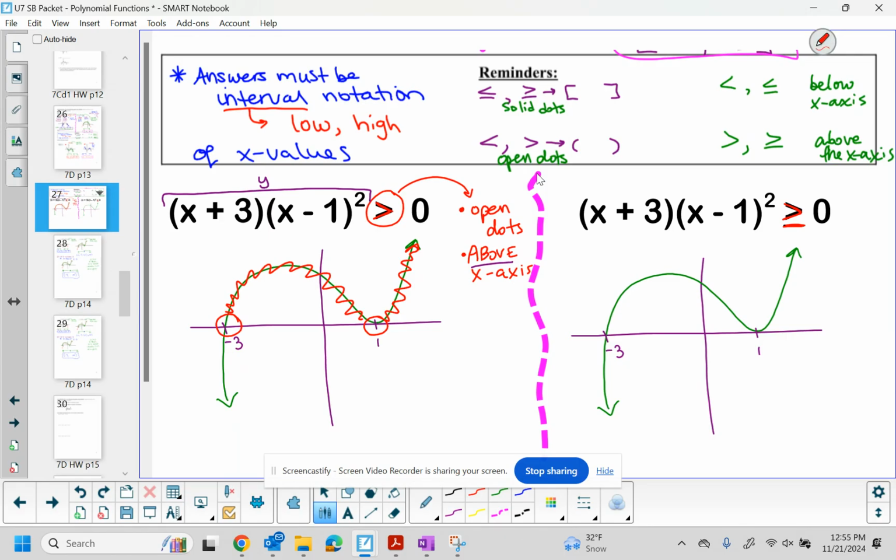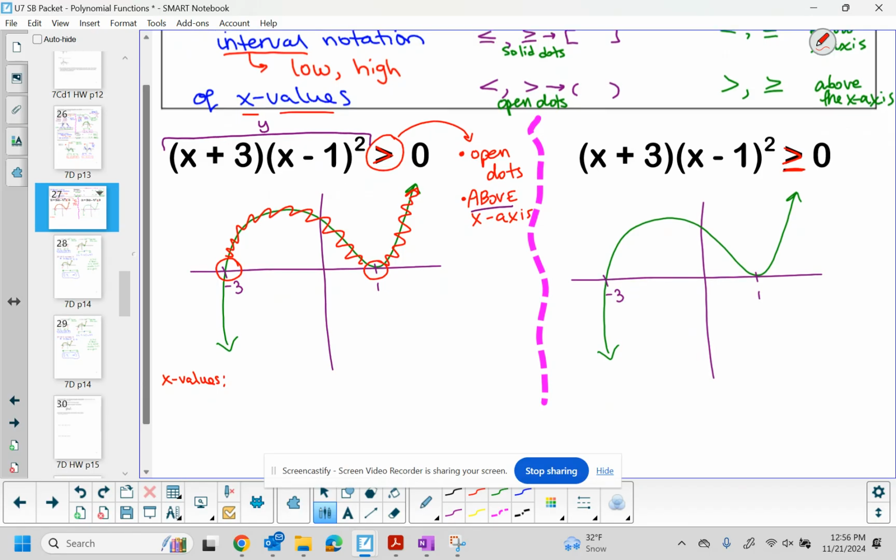But I don't really have y's in here. I put that y in myself. So I'm looking for x values, so my answer is going to use x values. This is what we said: interval notation, low to high of x values. So I'm going to take this graph and squish it down to just the x direction, left and right.